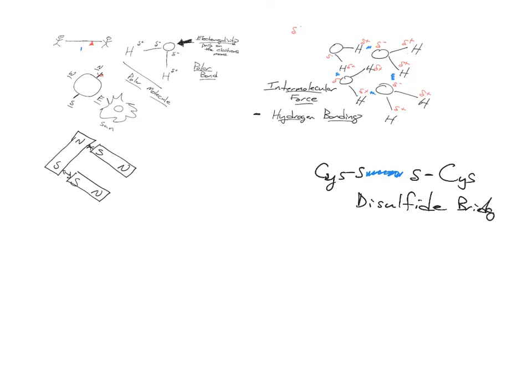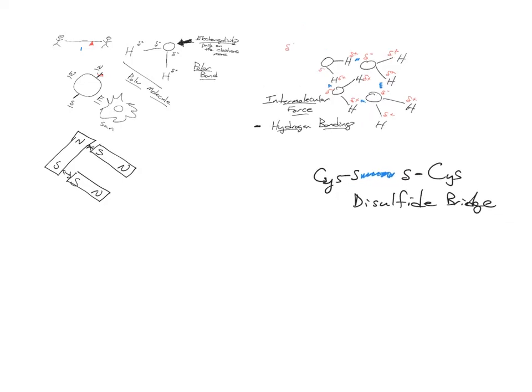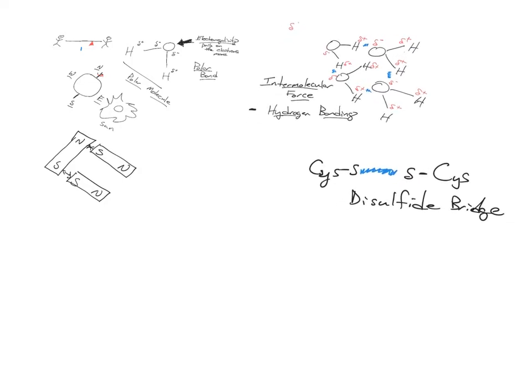which goes to what we've already talked about with hair folding and protein folding, that every time you have a lot of cysteines, those proteins end up folding a lot more than proteins that don't have cysteines, because they can form these disulfide bridges. But also, hydrogen bonding is involved in folding of proteins as well.